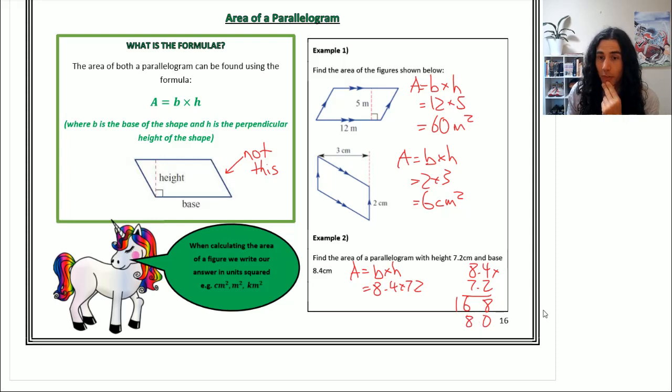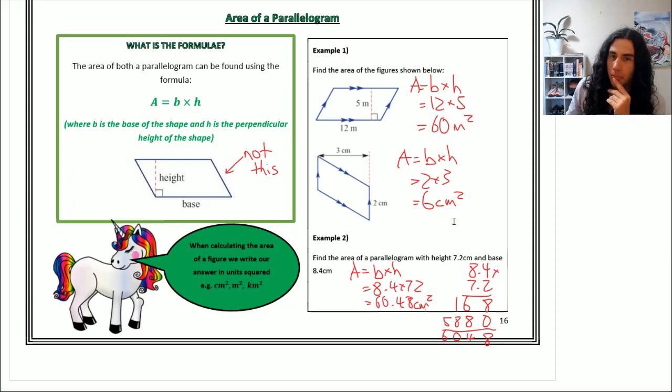Carry the 2, 56. 8, 4, add the 1. And 6. 60.48. Yeah, that's why we use a calculator. Okay, that better be right.